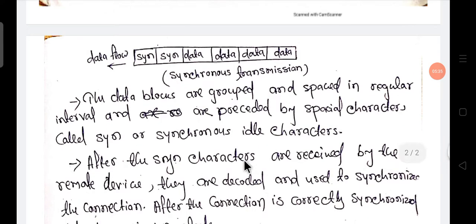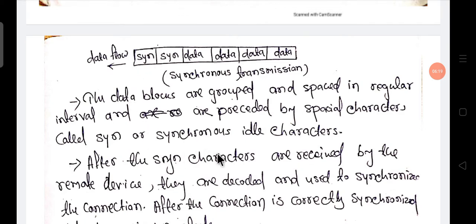After the synchronous character is received by the remote device, it is decoded and used to synchronize the connection. That means first the synchronous bit is received, and after that the data will be received. When the synchronous character is received, the decoding process starts, so the receiver knows that it will get the data.